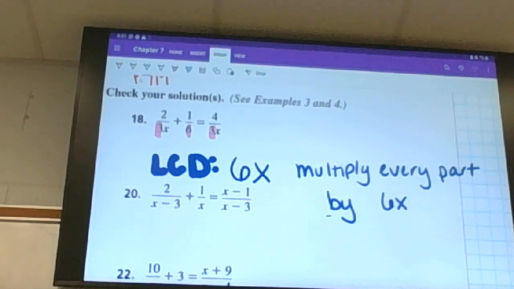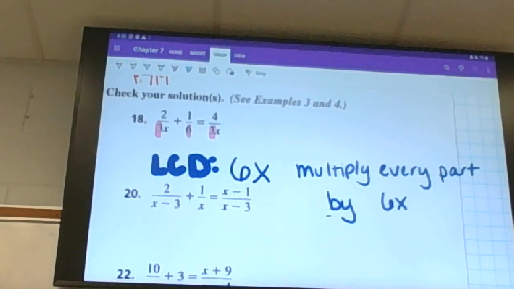So what am I left with? 2 times 2. All I have is a 4. You better just reduce diagonally. You know, 6 times 2 is 12, and 12 divided by 3 is 4. So, anyway. All right, next one.